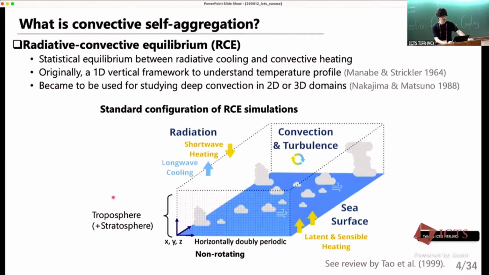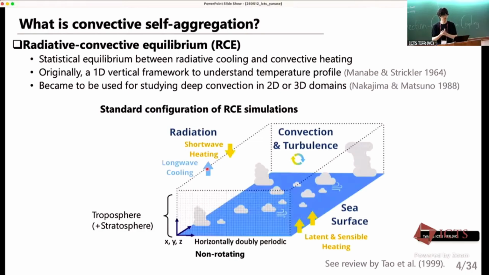This is a schematic of the RCE simulations, one typical setup. This is a 3D domain, horizontally doubly periodic and non-rotating. Typically we use uniform sea surface temperature. From the warm sea surface, there is an input of energy by latent heating and sensible heating. We also calculate the radiation, using longwave and shortwave radiative transfer, but the overall effect is cooling.